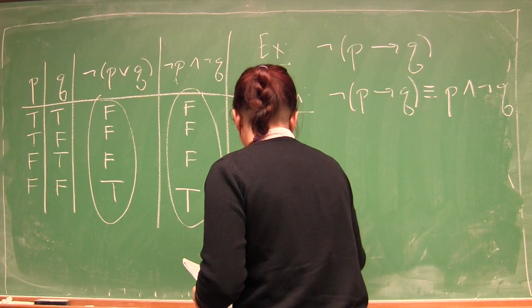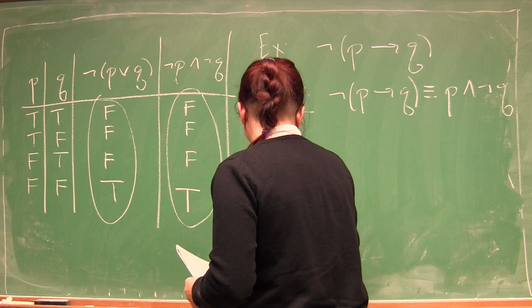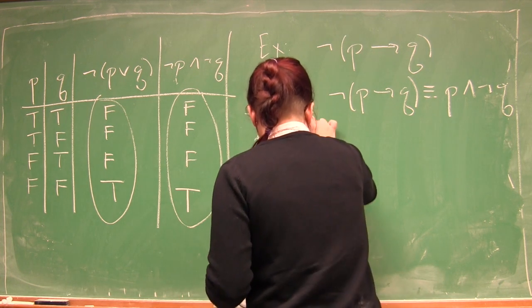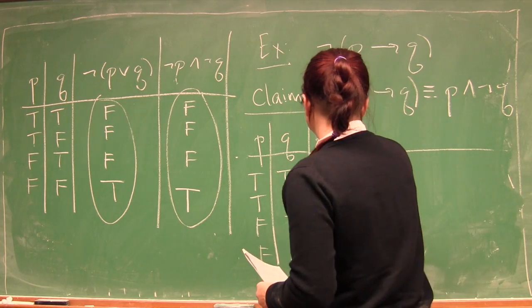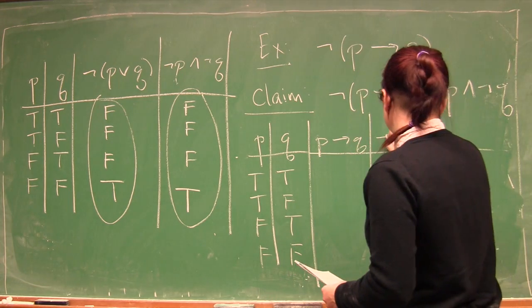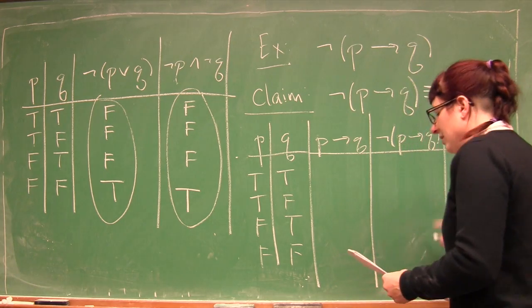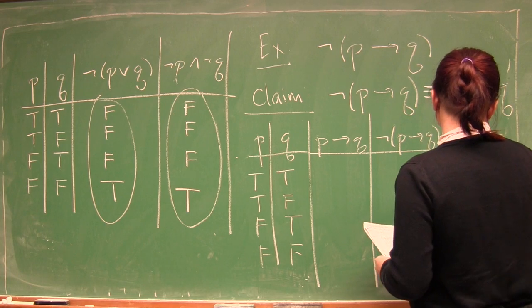If we look at possible values of P and Q, it's either true, true, true, false, false, true, or false, false. And now we look at the implication P implies Q. We can negate that, that's what we're interested in. And we want to see if that column is the same as the column P and not Q.